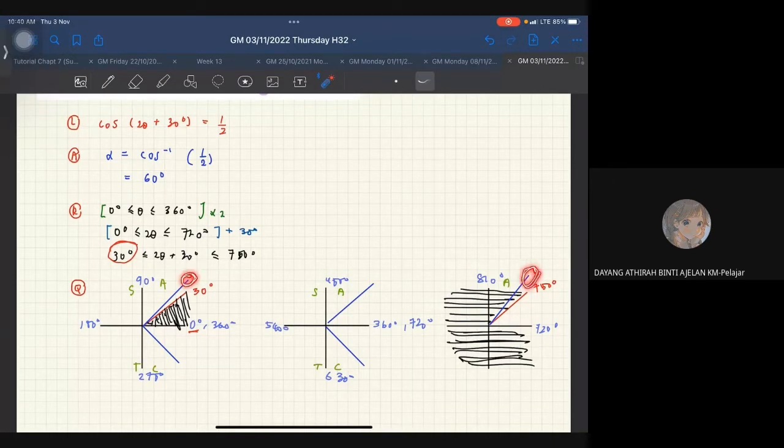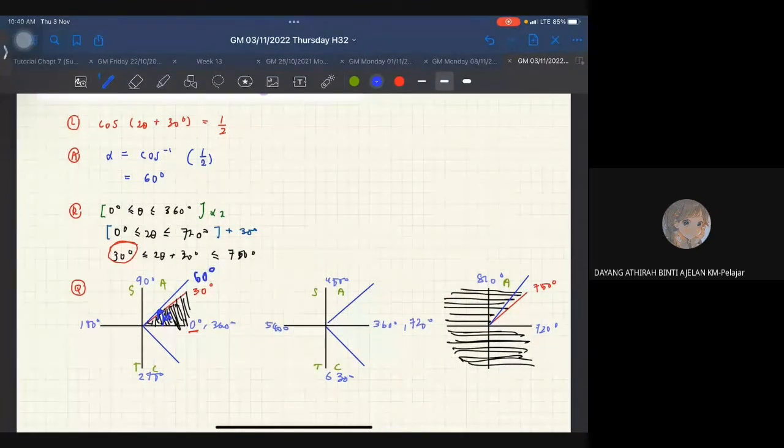Okay, so awak kena tengok, kita punya alpha sekarang adalah 60 degree. So our alpha right now is 60 degree. So daripada sini sampai sini adalah kita punya alpha. Kat sini adalah 60 degree. So 60 degree tu termasuk dalam kita punya range. That's why lah untuk yang ini dia included.